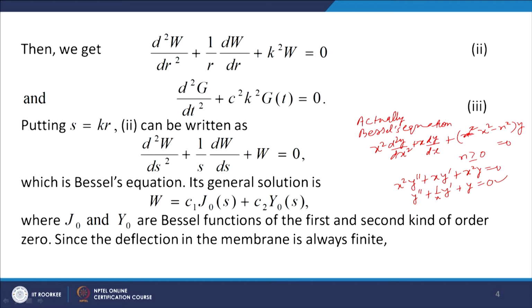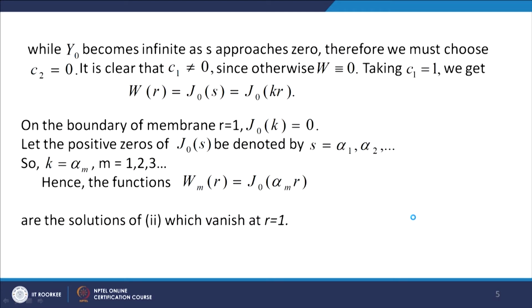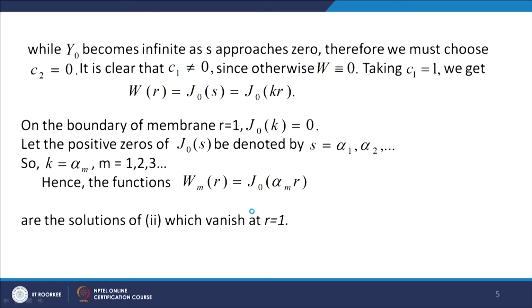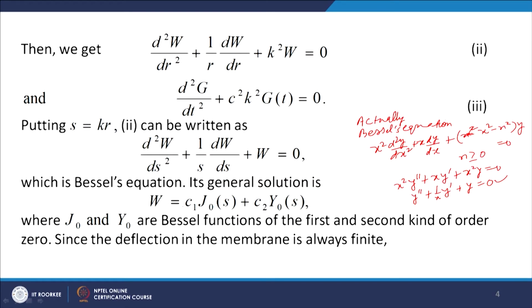Now, we are given that the deflection in the membrane is always finite. Okay. So, Y0 must be dropped because Y0 becomes infinite as S approaches 0, and therefore C2 will be taken equal to 0. So, C2 becomes 0, and then W equal to C1 J0(S).